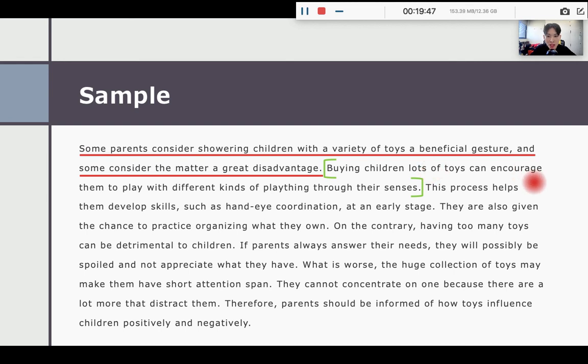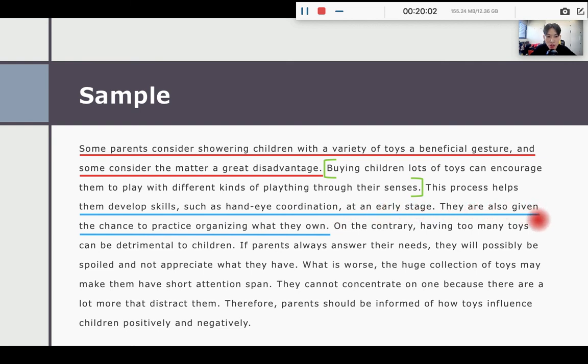The third E is to explain the example that you just give. So the following sentence explains. This process helps them develop skills such as hand-eye coordination at an early age. They are also given the chance to practice organizing what they own. So when you give examples, you do not just give them an example and that's it. No, you need to explain that, like what I underline in blue here.